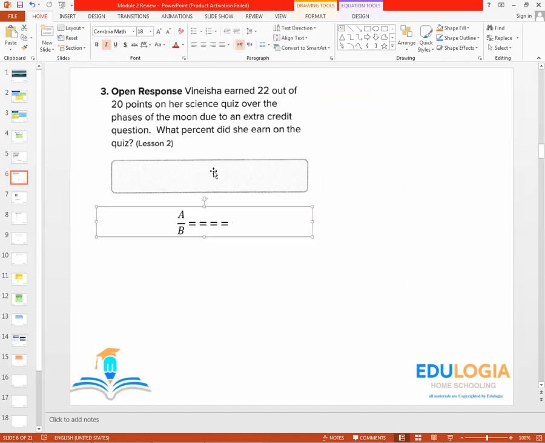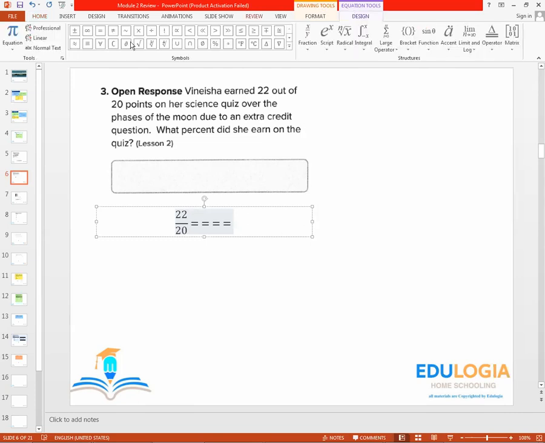Once again, she earned 22 out of 20. It's a fraction now. What percent did she earn? He asked for percent.